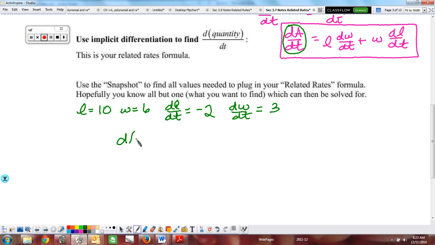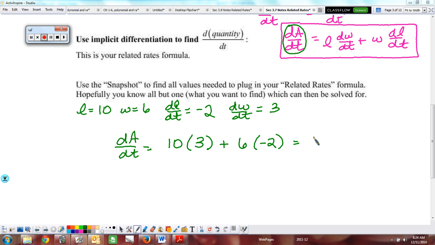So now when I plug and chug into my formula, I actually do need all of them. So 10 times positive 3, plus W, 6, times dL/dt, which is negative 2, which gives me my rate of change in area is 30 minus 12, which is my 18.